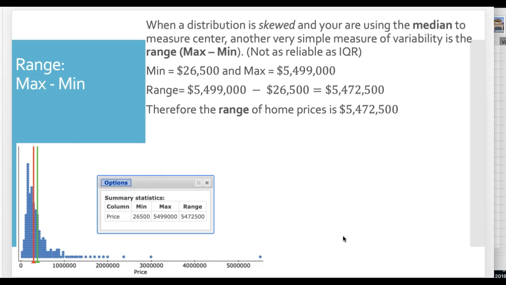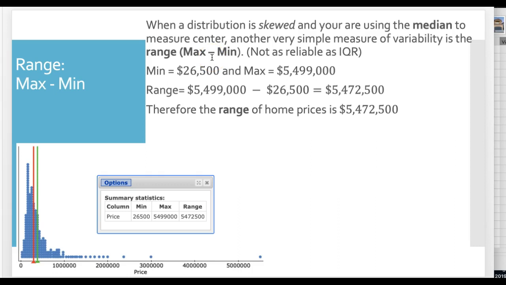Another measurement that we can use that's very simple and rather crude, but the reason we do it is because it's just fast, is we could just look at the range. The range can right away give you pretty much the total variation in the housing prices. It's just a matter of finding the maximum and the minimum housing price and taking the difference.